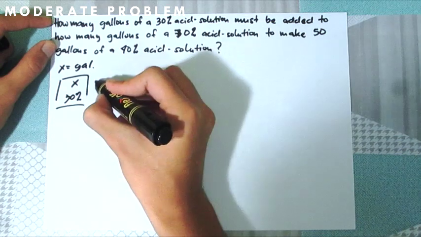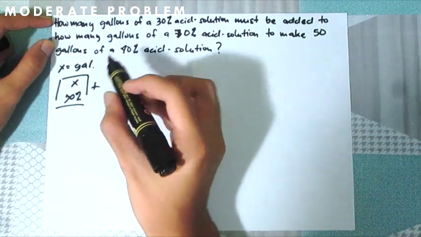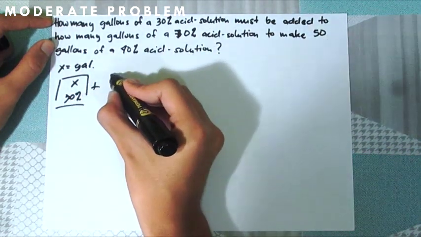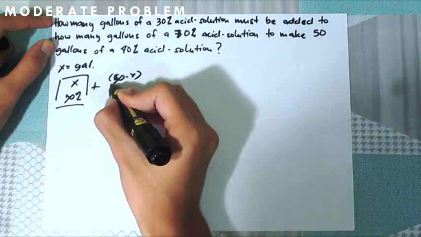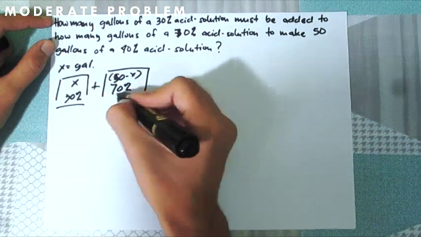Our second part is, since our total is 50, our second solution becomes 50 minus x gallons of the 70% solution, which equals 50 gallons of a 40% solution.